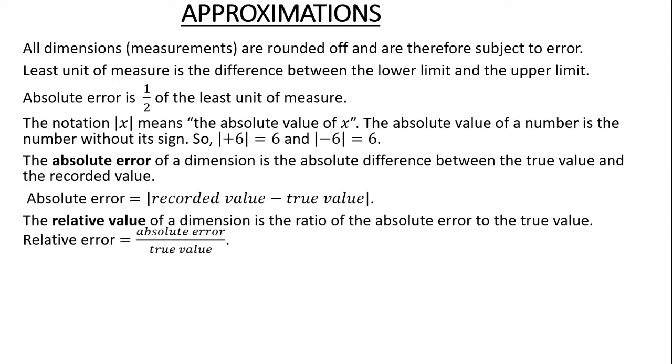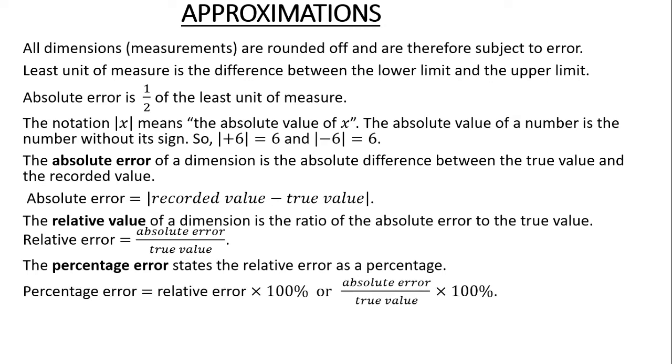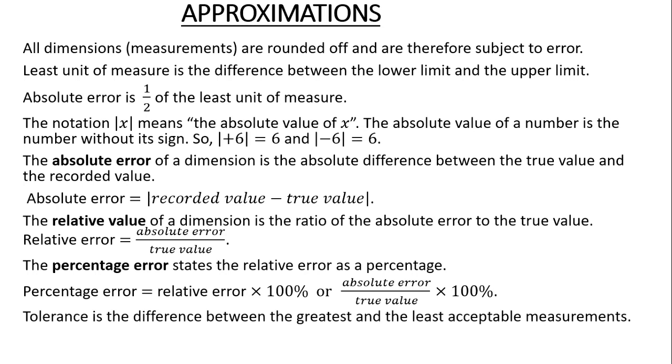Relative error equals absolute error over true value. The percentage error states the relative error as a percentage. Percentage error equals relative error times 100%, or absolute error over true value times 100%. Tolerance is the difference between the greatest and the least acceptable measurements.